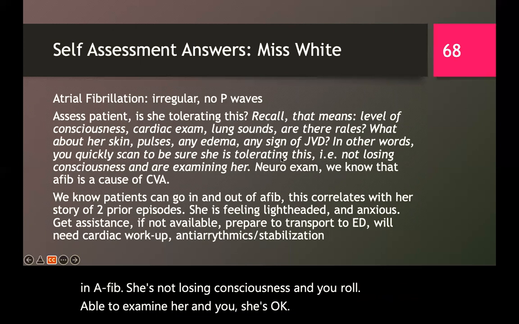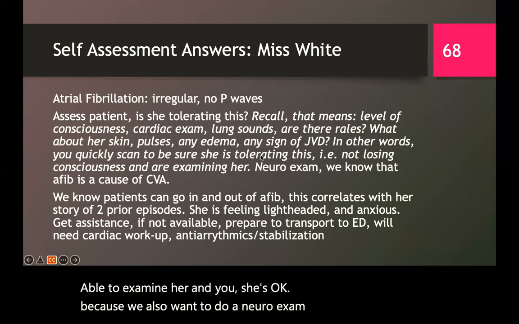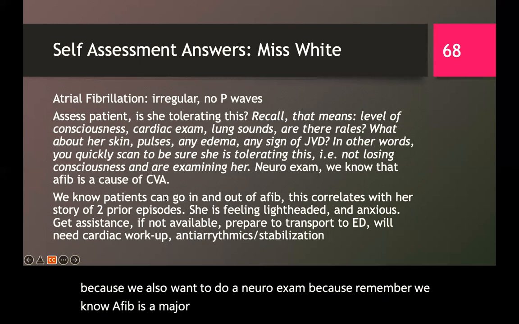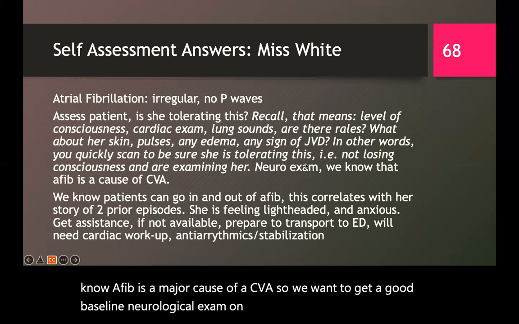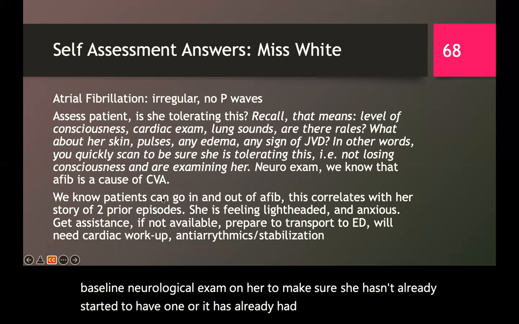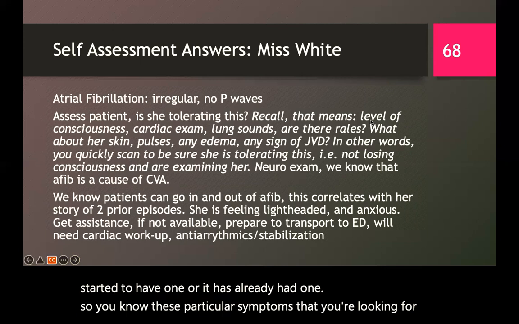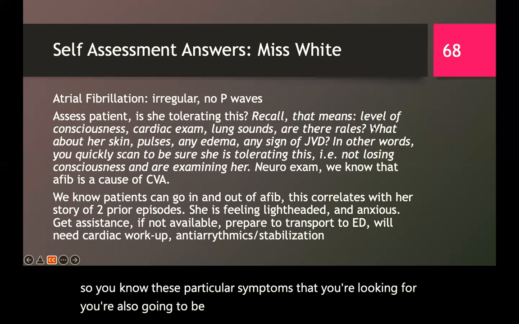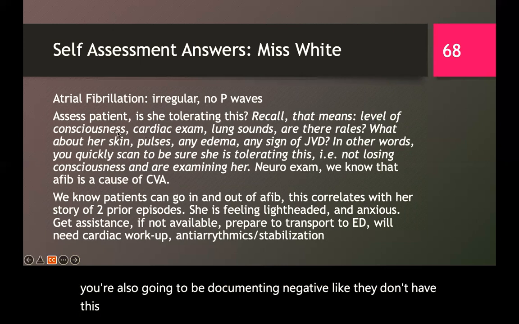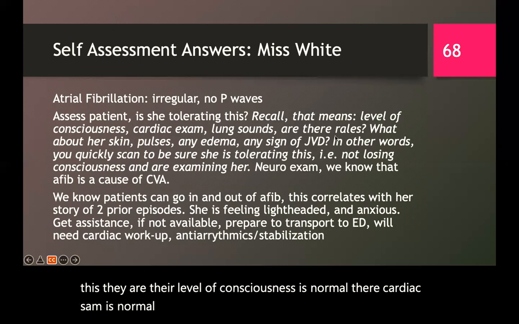We also want to do a neuro exam, because remember, we know AFib is a major cause of a CVA. So we want to get a good baseline neurological exam on her to make sure she hasn't already started to have one or hasn't already had one. These particular symptoms you're looking for, you're also going to be documenting negatives, like their level of consciousness is normal, their cardiac exam is normal, negative for rales.